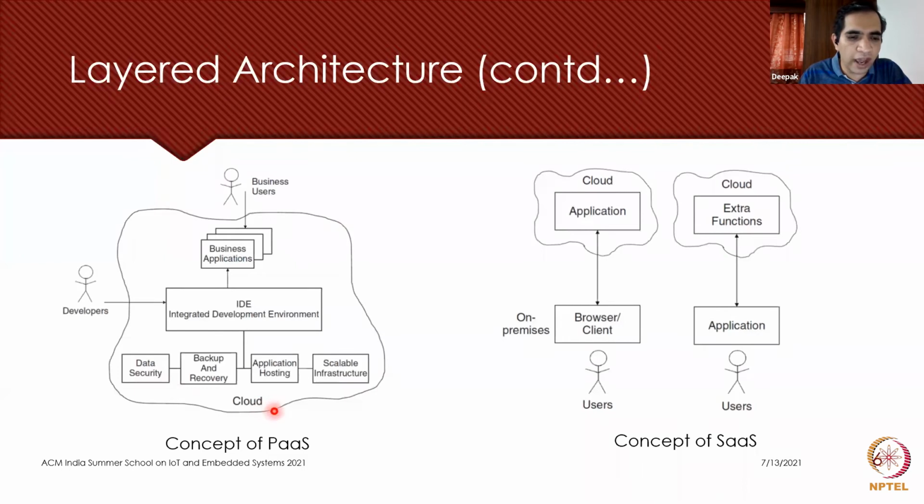You would have the scalable infrastructure, including the compute nodes, storage, and network resources. And you may also have another set of applications, including the OS. There could be an entire integrated development environment also that's available, where new applications can be developed.